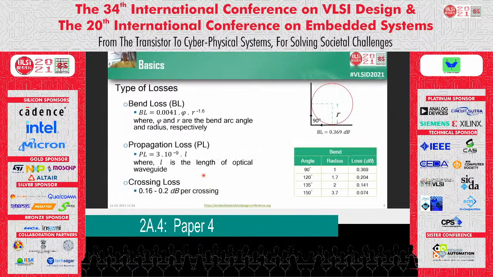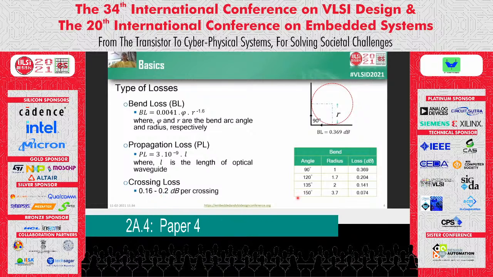In physical layout of optical circuits, an optimal routing of optical waveguide is a very crucial and important step. And the routing of optical waveguide has these different types of losses, where the bend loss depends upon the angle and the radius of the bend arc, and propagation loss depends upon the length of the optical waveguide, and crossing loss is in the range of 0.16 to 0.2 dB per crossing.